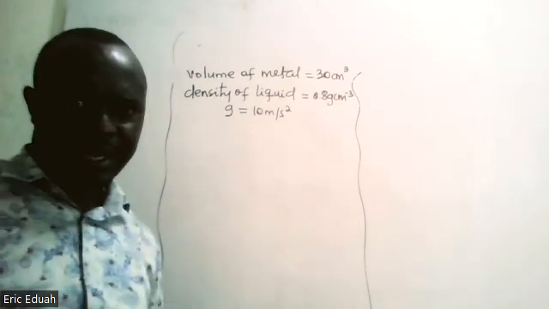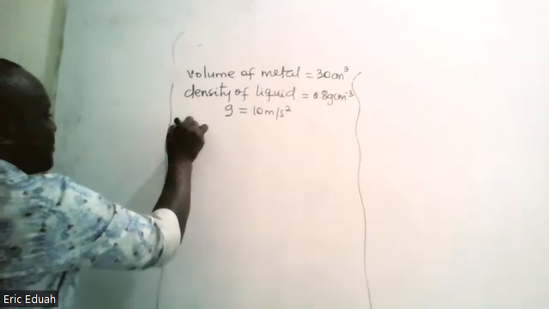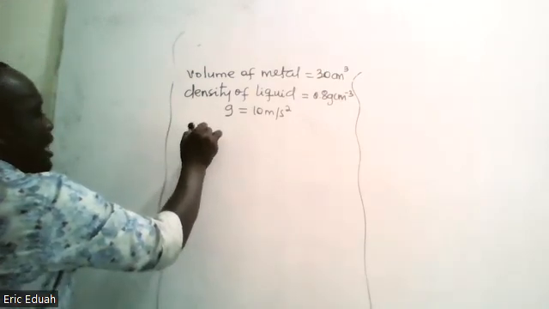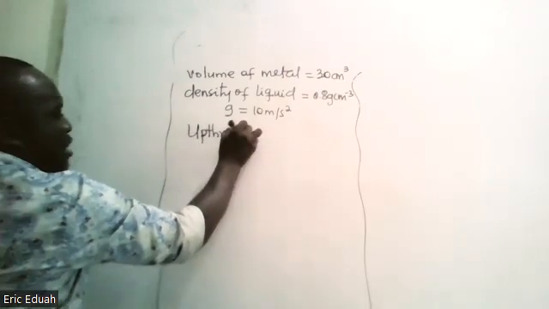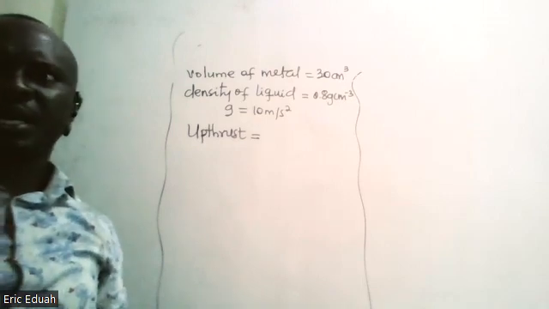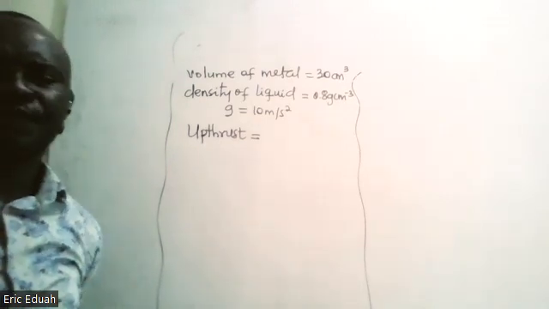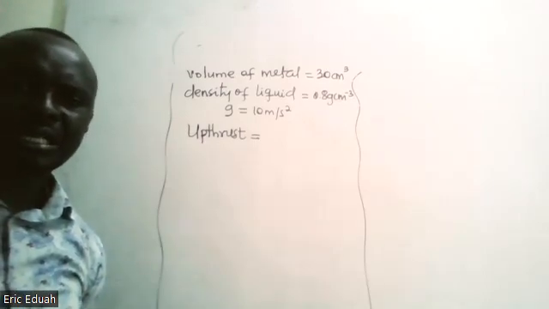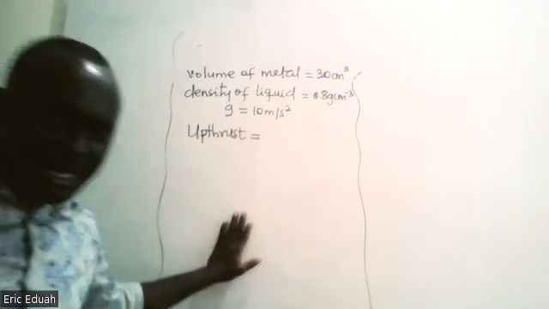Class, are you there? Yes, please. Okay, we are calculating for upthrust. How do we calculate for upthrust? How can we calculate for the upthrust on a body in a fluid? Quick one. Yes, okay, Akosia.